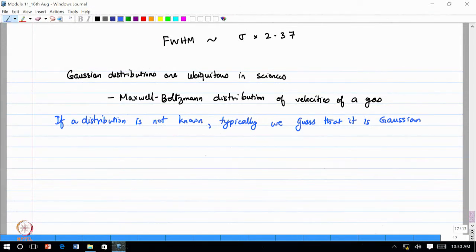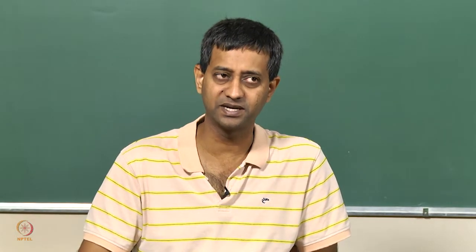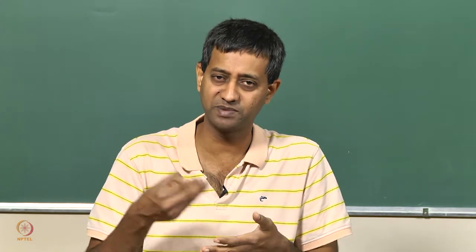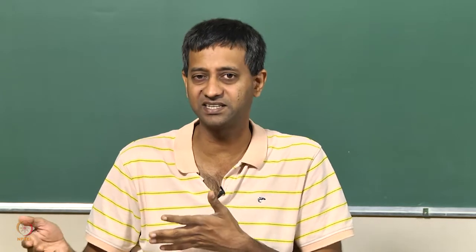This is a very important idea that underlies a lot of the things that we do. For example, when you do your experiment, you do your measurement many times. What you do by default is to calculate the average and the standard deviation.